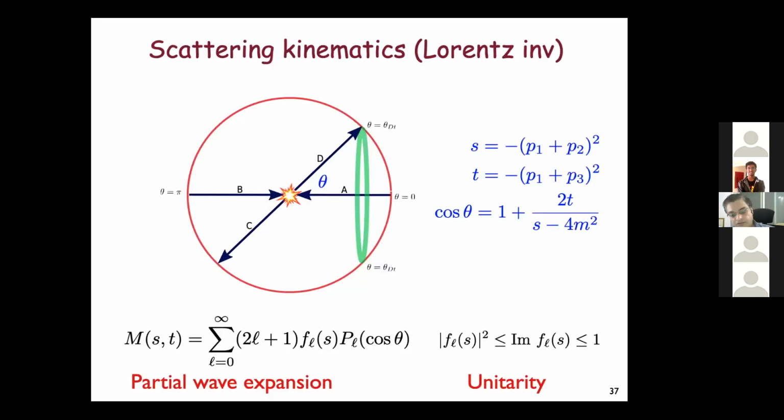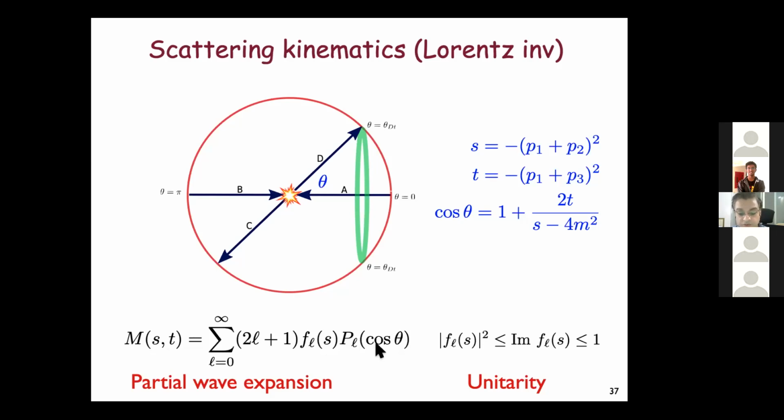Just to make you familiar with a bit more terminology that I'm going to use, you have an amplitude M. It is a function of two Mandelstam invariants because it's a 2-to-2 scattering. 2-to-2 scatterings are functions of two Mandelstam invariants. You can do a partial wave expansion in terms of Legendre polynomials. So you're in 4 dimensions, that's why you see Legendre polynomials.